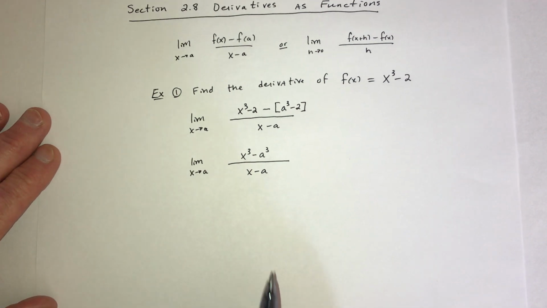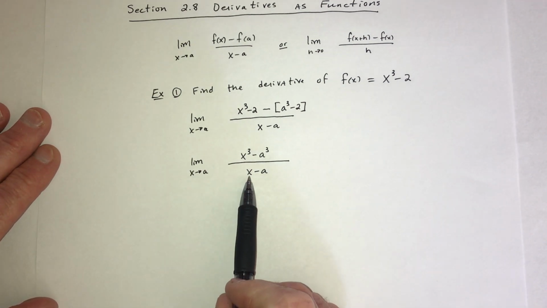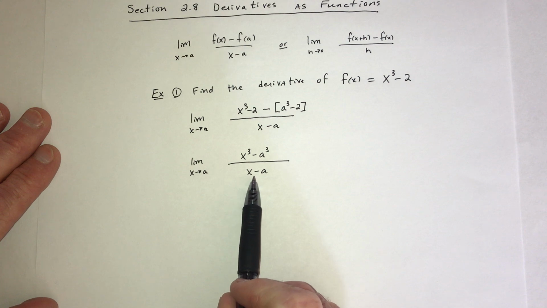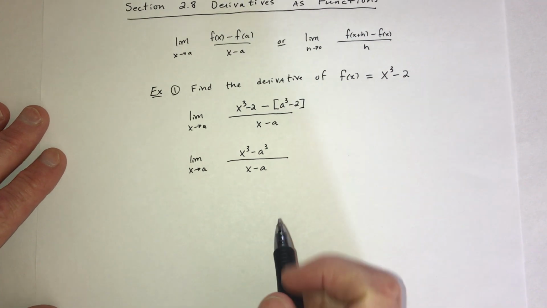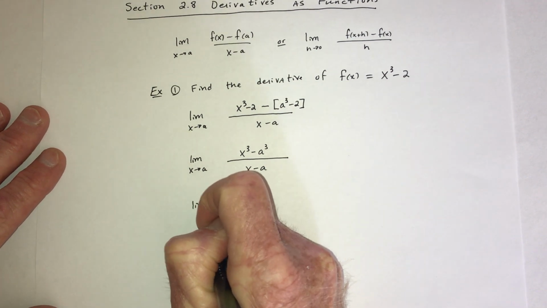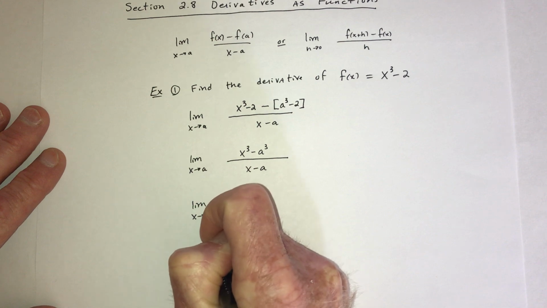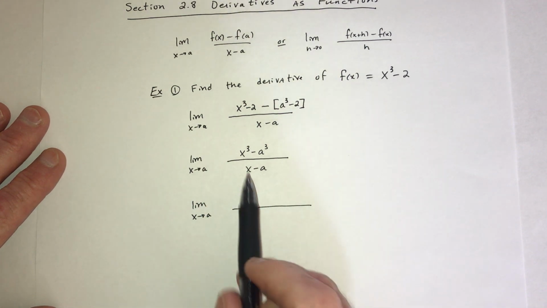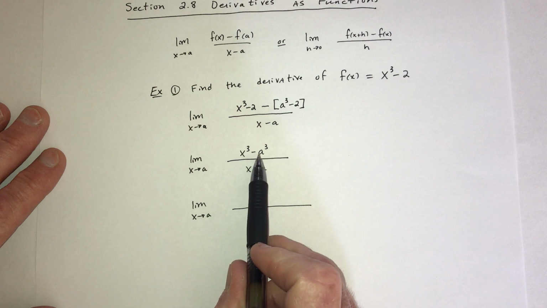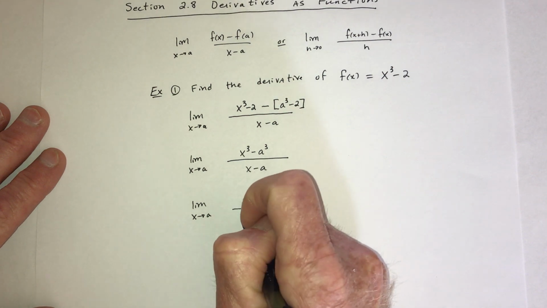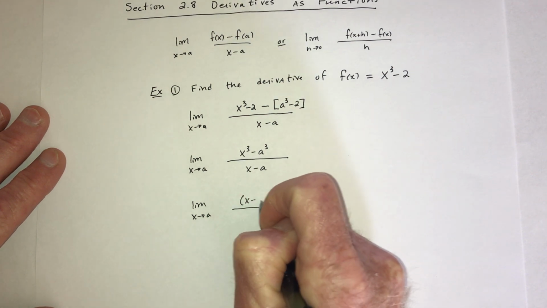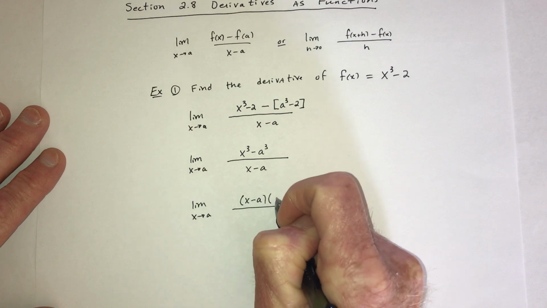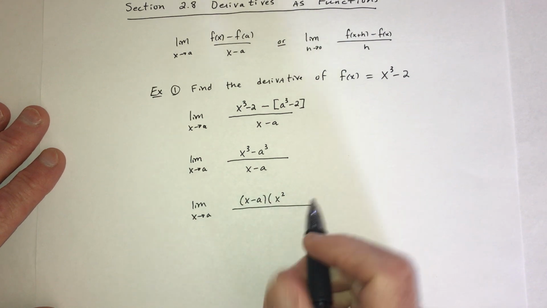And then if x was to become an a, this would cause division by 0. So that means that we need to do algebra. And the algebra that we need to do is factor this using the difference of cubes formula. So that's going to look like x minus a, and then x gets squared.